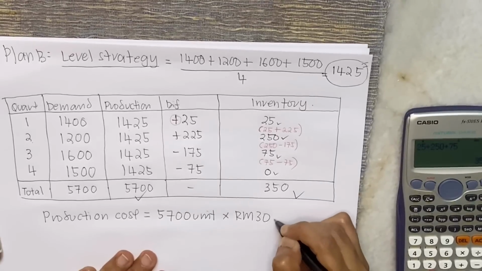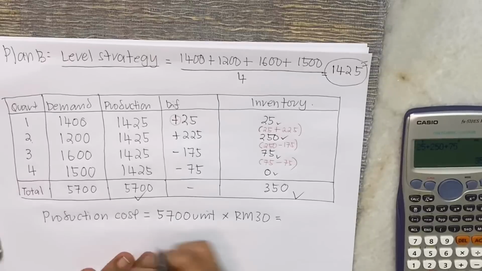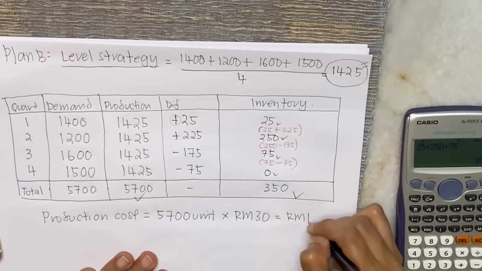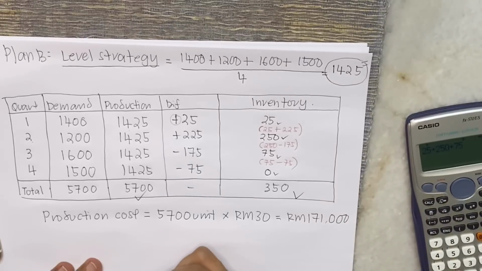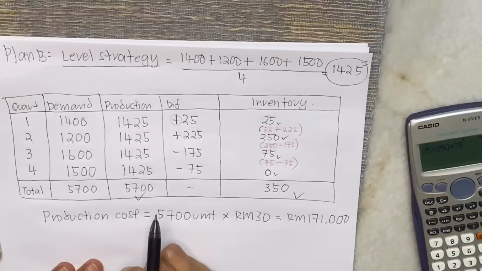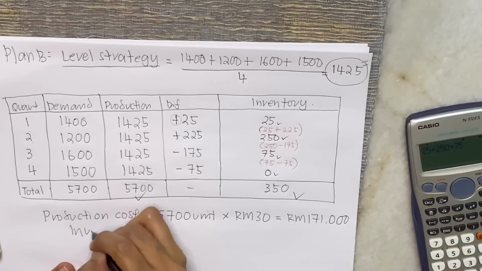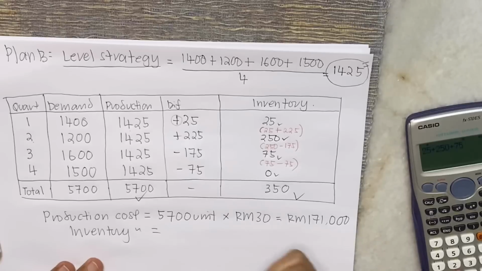Where RM30 is coming from? Our regular production cost. So it is 171,000. Okay, what is our inventory cost?